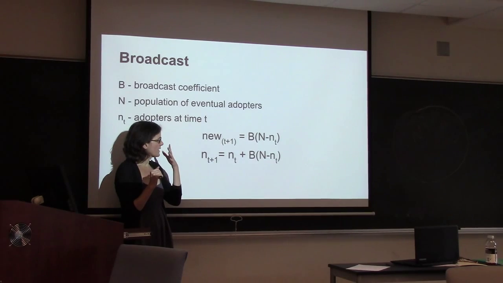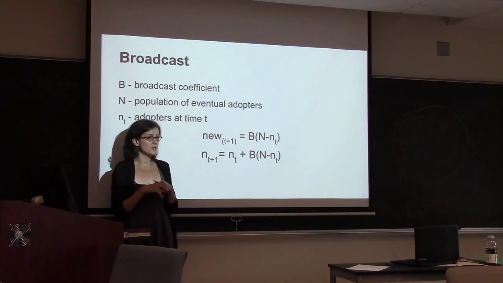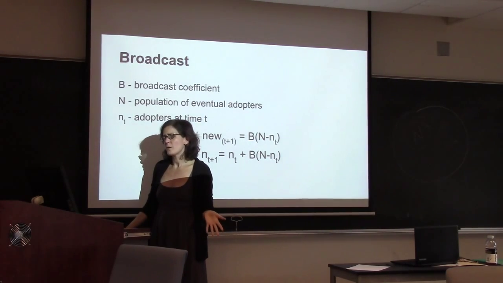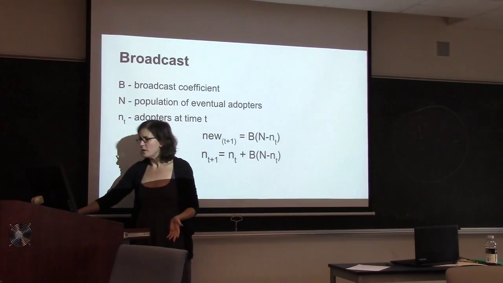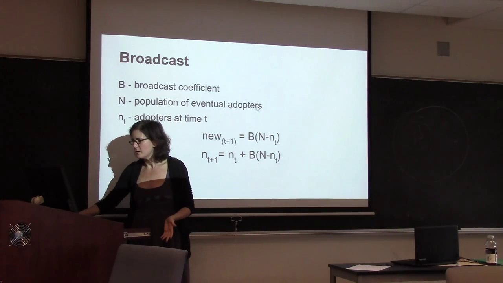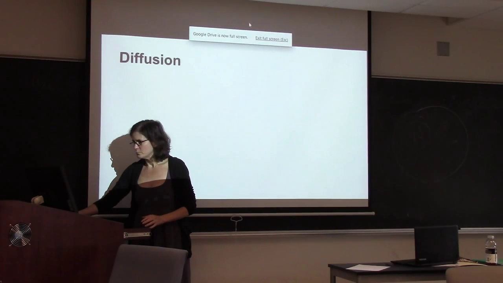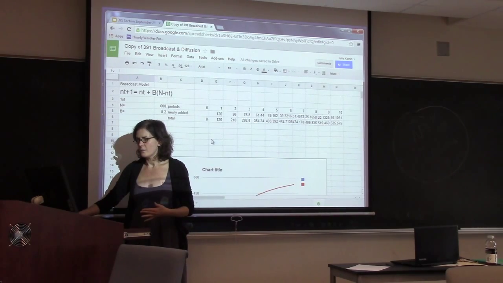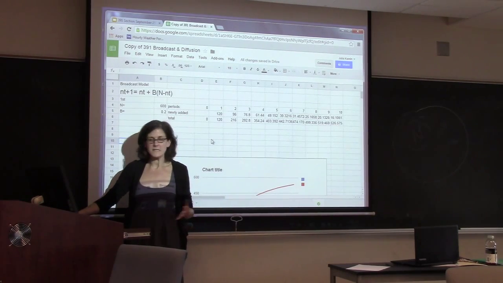So this example we could actually turn into an equation, but most of the times when we do these models and we want to see how it actually goes through a population, we can use Excel, just like the CDC.